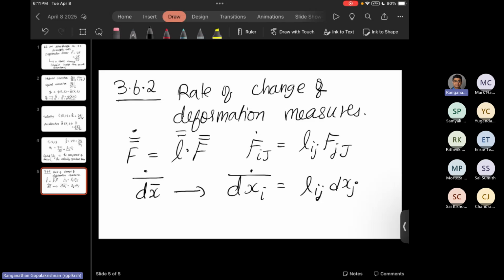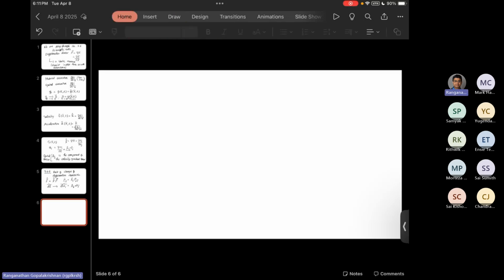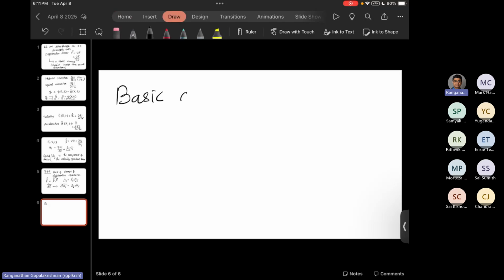These three quantities are basically the quantities that will keep repeating as we calculate different measures of deformation from basic observations. So let me repeat that: basic observations or measurements come in two flavors.